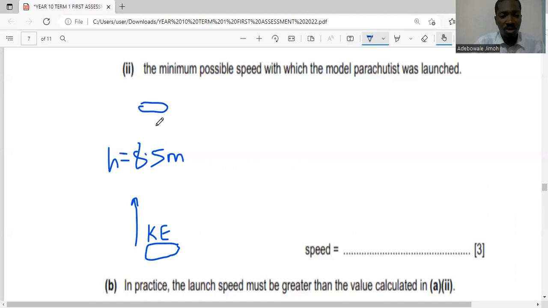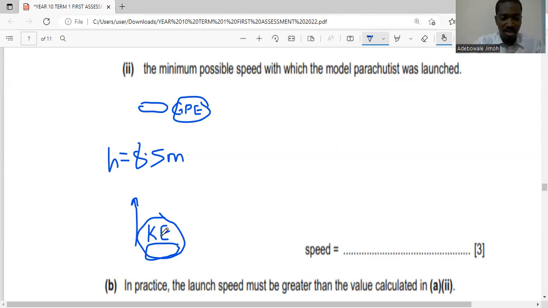When it goes upwards and attains the maximum height, at that point it possesses gravitational potential energy. In the first question, what we calculated was the gravitational potential energy. Now, with what kinetic energy would you throw it in order to give this gravitational potential energy? According to the law of conservation of energy, energy can be converted from one form to another.